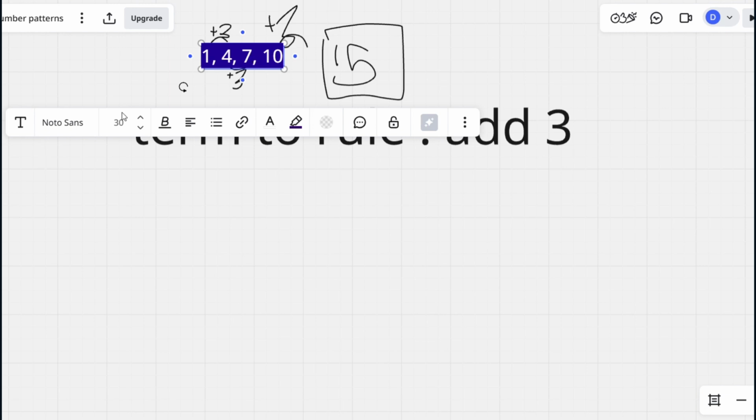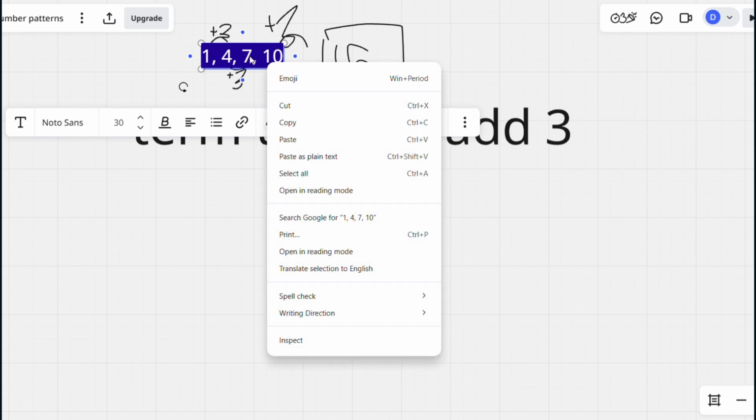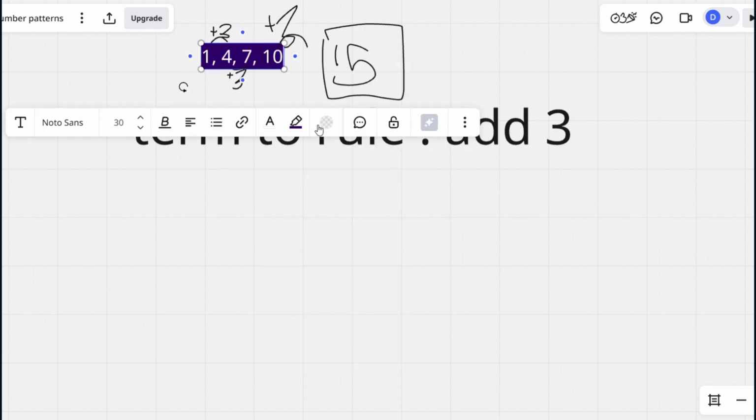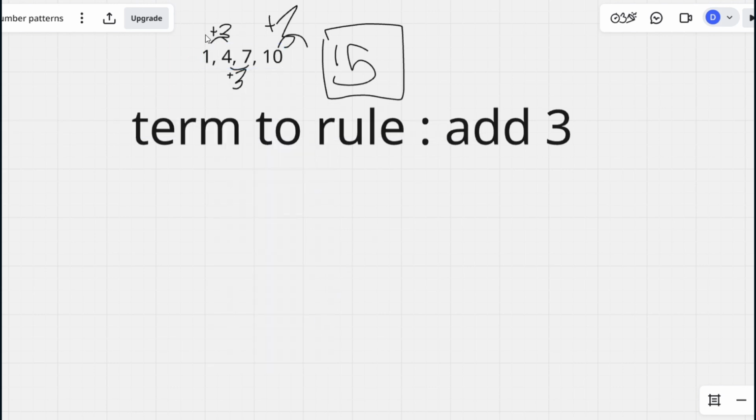So we have 1, 4, 7, 10, right? Here also, it's the same thing if we observe carefully. It's just adding another 3.